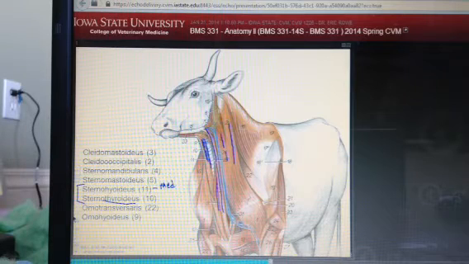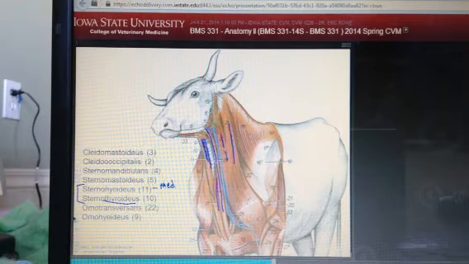And these two muscles, when you look at them collectively, right and left side, if you hyperextend an animal's head, really hyperextend their head and try to give them a pill, they can't swallow it. It's because these muscles have a lot of tension built up in them and prevent the tongue from functioning properly.